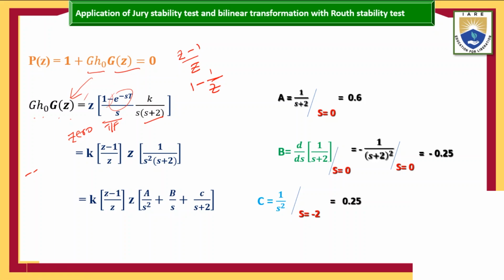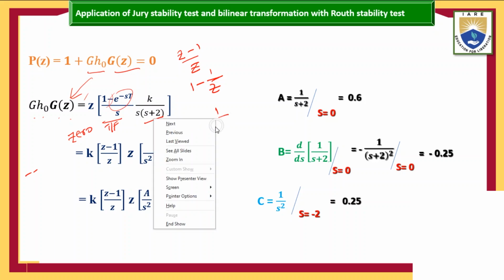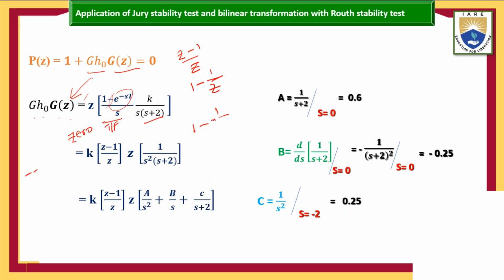So the transform of this one is: K is the constant, Z transform of the constant term 1 minus 1 by z.